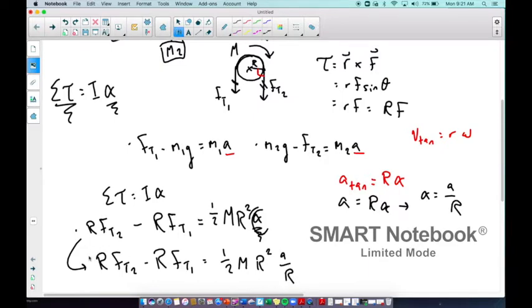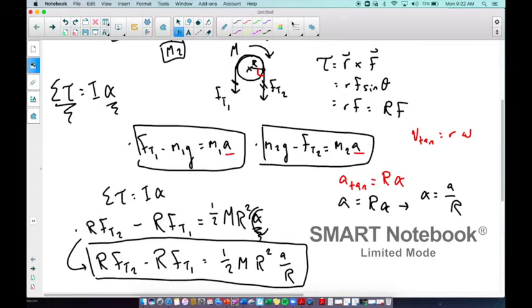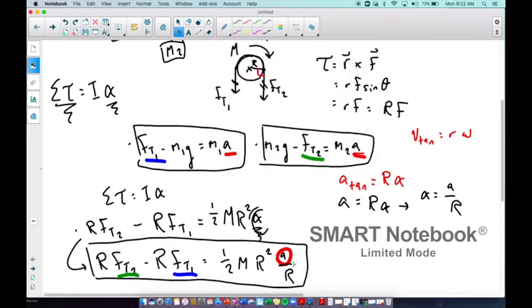So now I have three equations that will allow me to solve for my three variables, where those three variables are ft1, ft2, and of course A, which shows up right here. All right, and we can rearrange this. Obviously, I can simplify this equation here a great deal. We can rearrange these algebraically however we need to solve for whatever we're asked to solve.